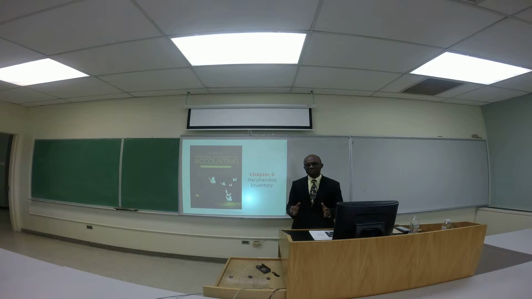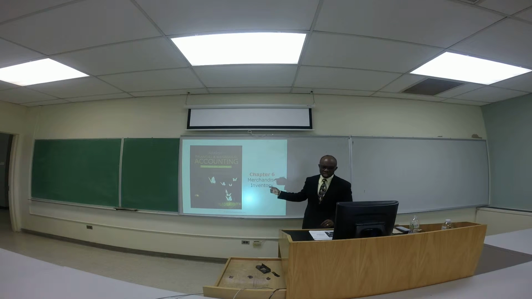In chapter 5, we repeated everything we discussed in chapters 1 through 4, however, from the standpoint of a merchandise company. That is a company that buys finished goods and turns around and sells those goods to the customers. Now, in chapter 6, moving forward, we are going to zero in on one particular line item on a particular financial statement.